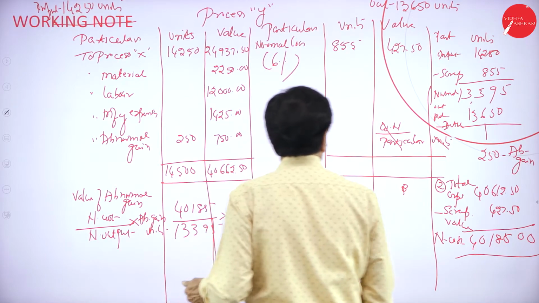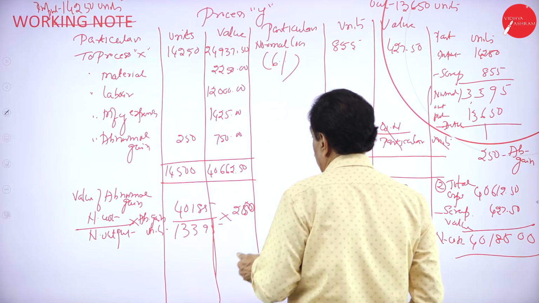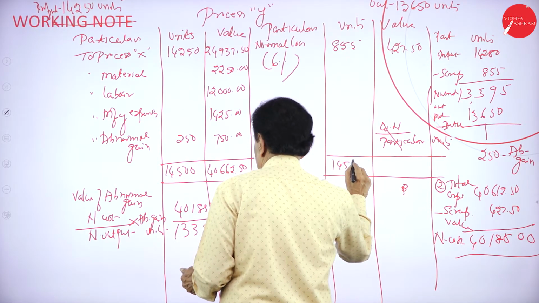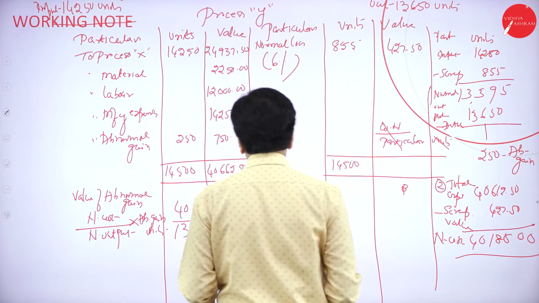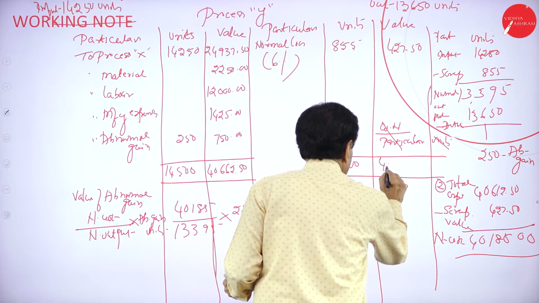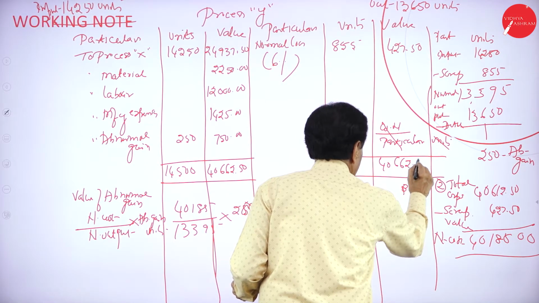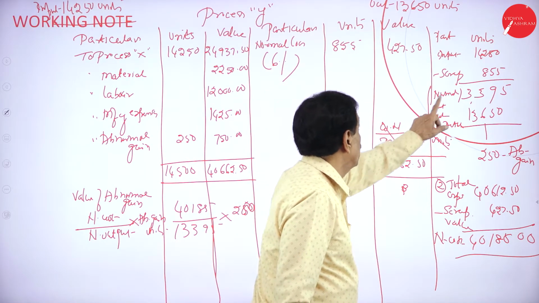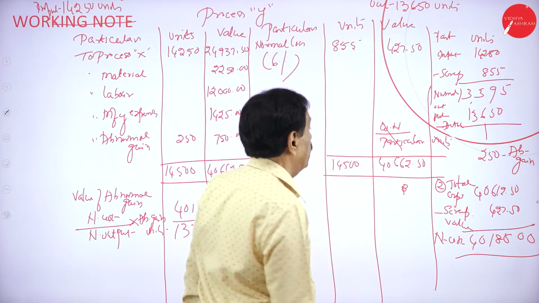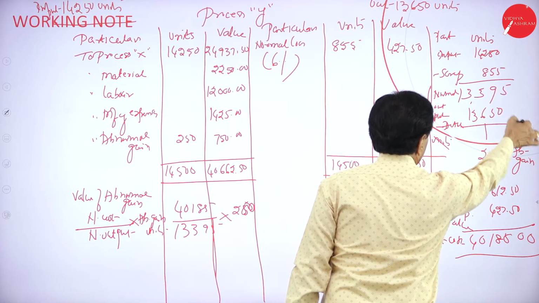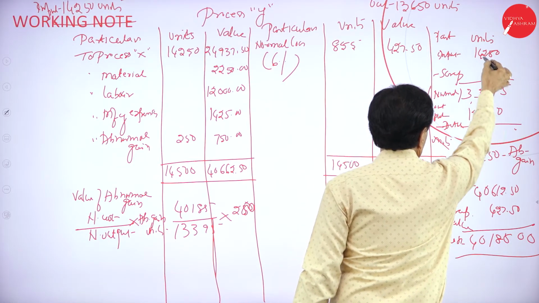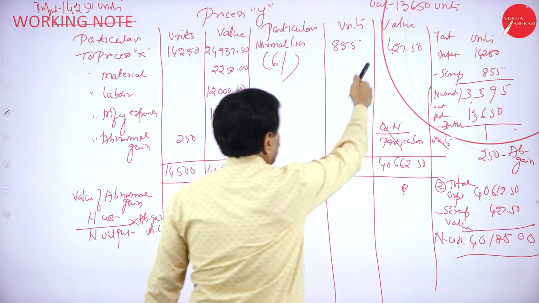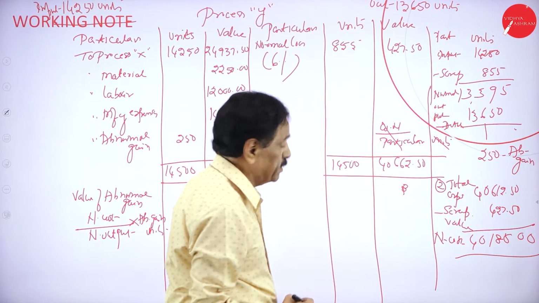40,662.50. Here your output is 14,500. Your input is 14,250. Your scrap is 855, so it will come to 13,395. Your actual output is 13,650.